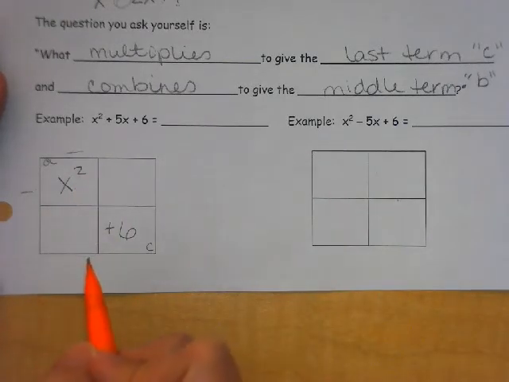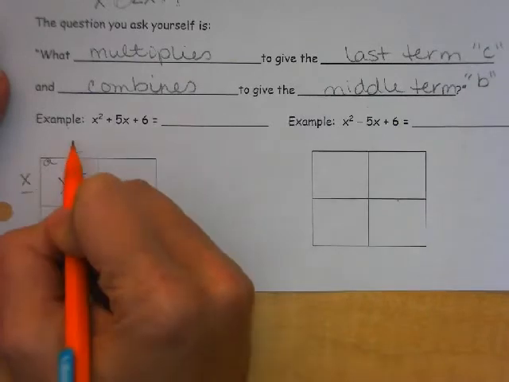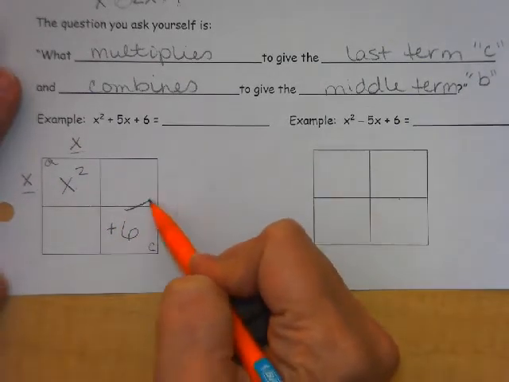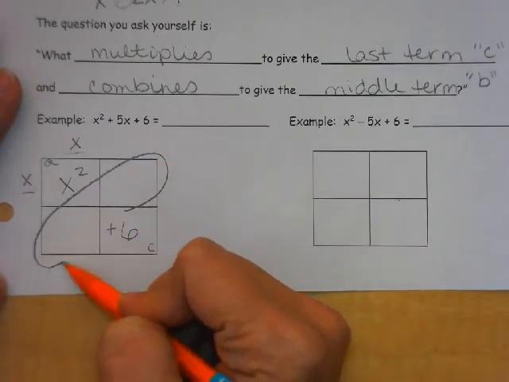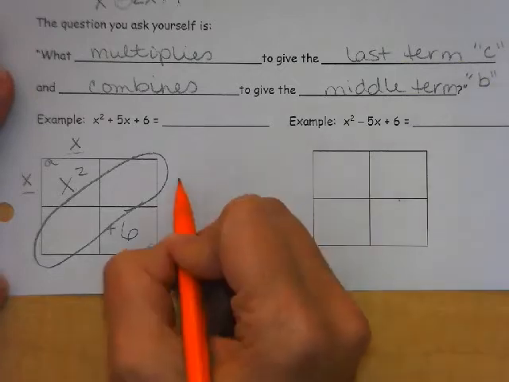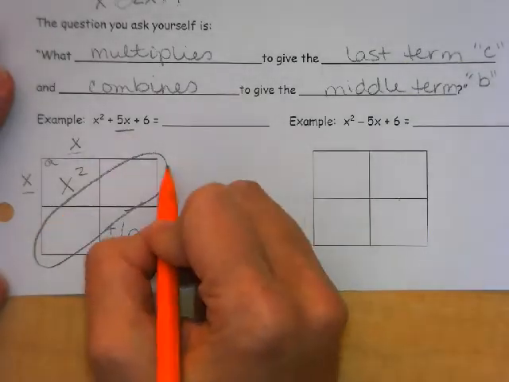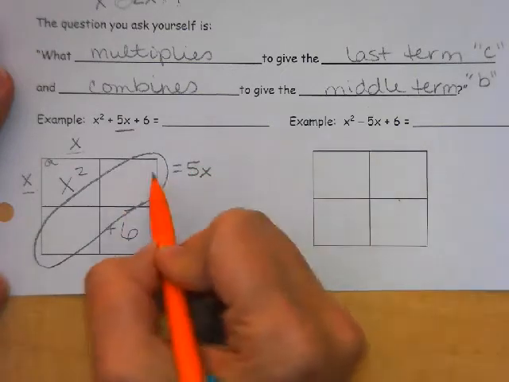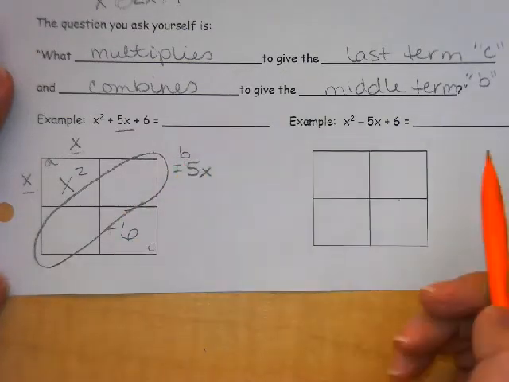Well, it can only be x times x. We also learned when we were doing FOIL and box that these middle terms are usually like terms, and they need to combine to equal that middle piece, right? So this is where our B term comes from.